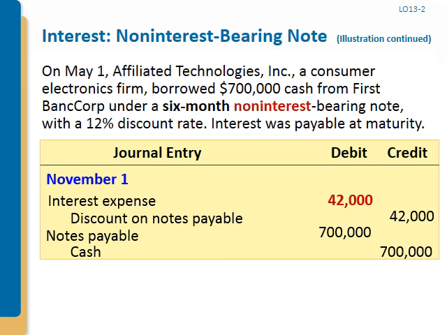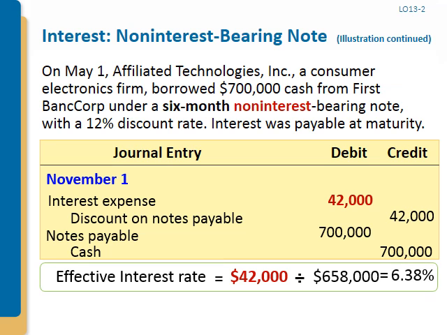Notice that the amount borrowed under this arrangement is only $658,000, but the interest is calculated at the discount rate times the $700,000 face amount. This causes the effective interest rate to be higher than the 12% stated rate. To calculate the effective rate, take the $42,000 interest for 6 months and divide it by $658,000, the amount borrowed, and that equals 6.38%.